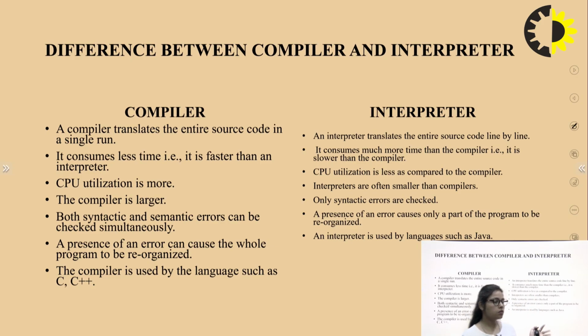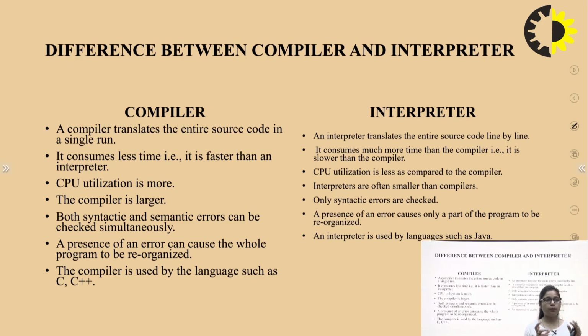The next one is that the compiler is larger, but interpreters are often smaller than compilers. The next one is that both syntactic and semantic errors can be checked simultaneously in a compiler, but in an interpreter only syntactic errors are checked.